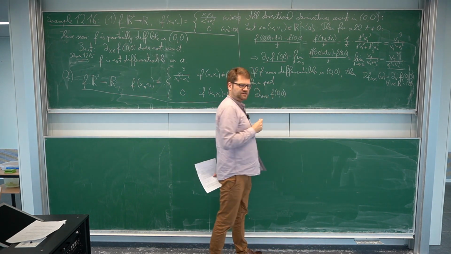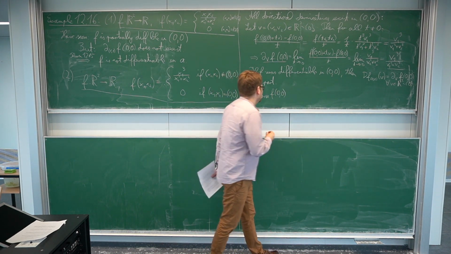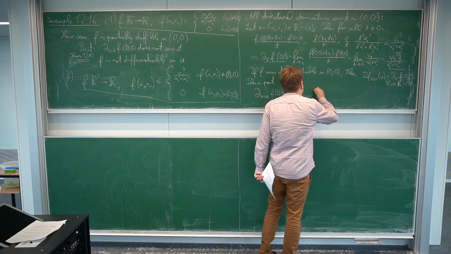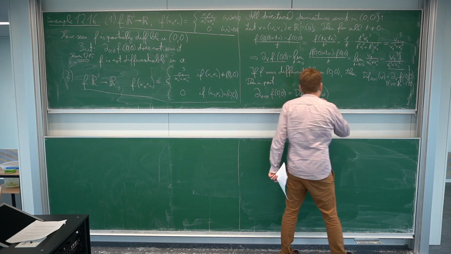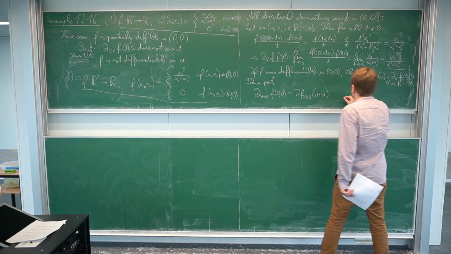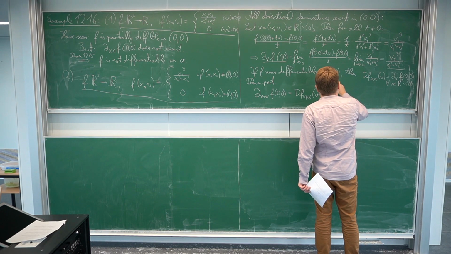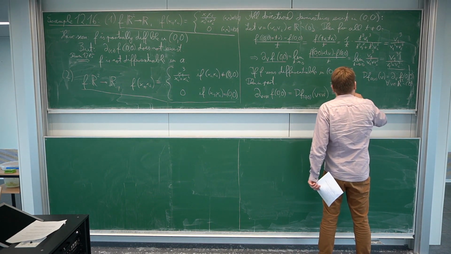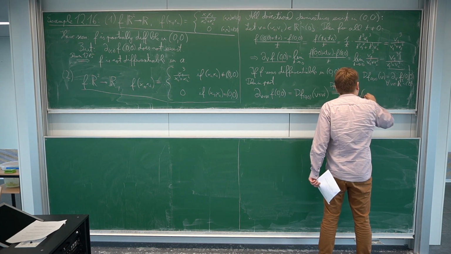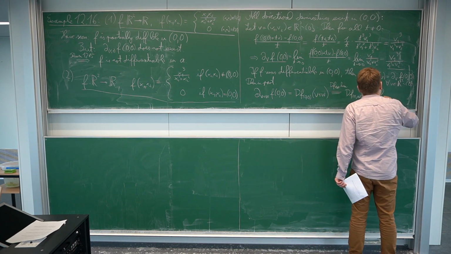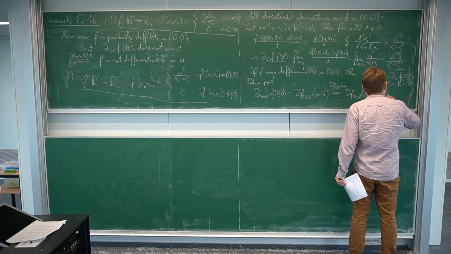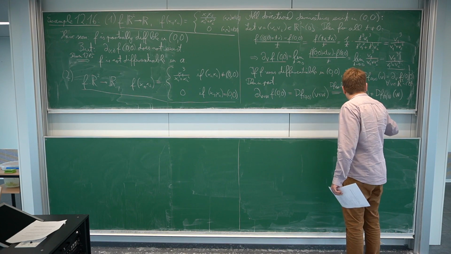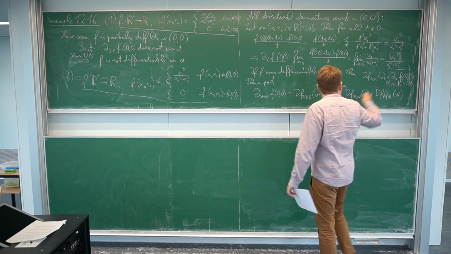So if we add two vectors here and take the directional derivative by the sum, this is then df (0,0) of v plus w. And since this is a linear map, by the linearity of df (0,0), this is df (0,0) of v plus df (0,0) of w. But these are again directional derivatives, just by using the same equation in reverse.